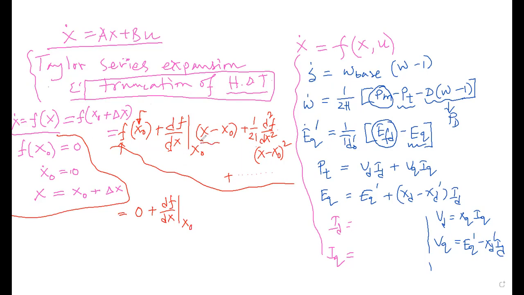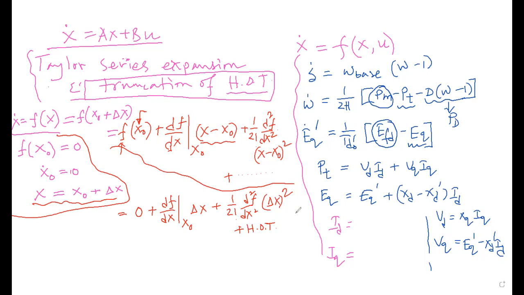And this x minus x0, I can get from here. So I would write x minus x0 equals del x, the deviation variable itself, plus 1 upon factorial 2 d square f over dx squared into, again, x minus x0, so we can simply write it as del x squared. And of course, some higher order terms that would go for cube of del x, then to the power 4 of del x, and so on.